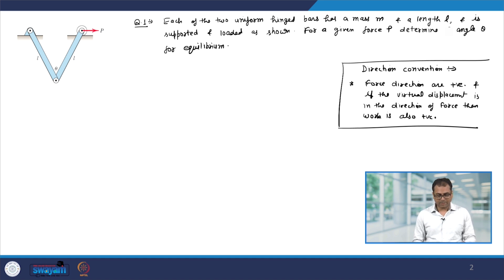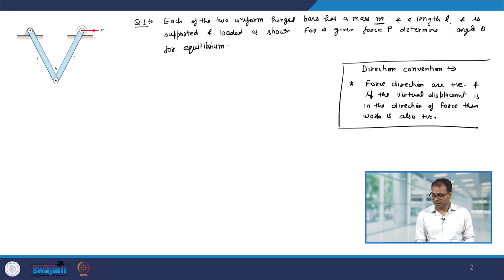Here, you have these two bars and of course, they have a mass m. Because of the mass m, they have a tendency to get close, and because of the force P, we are balancing this tendency of the bars, so that they remain in equilibrium.